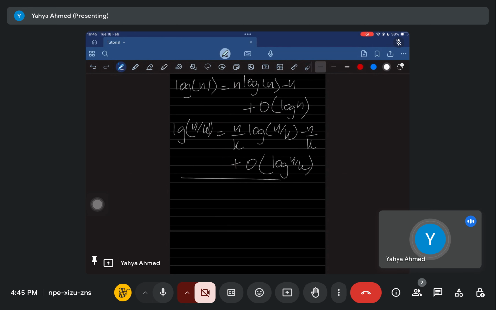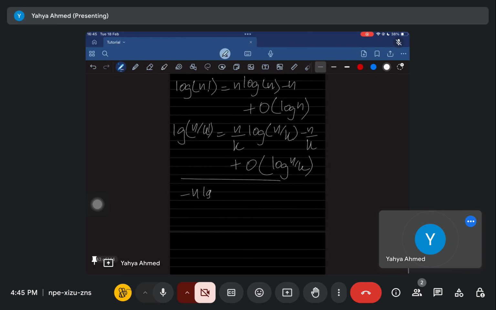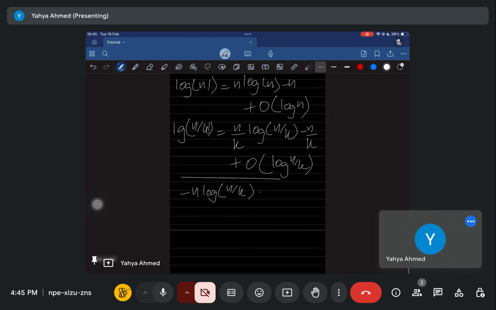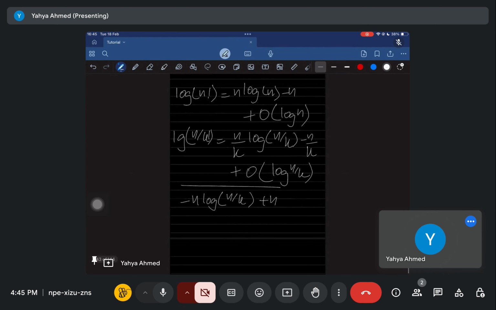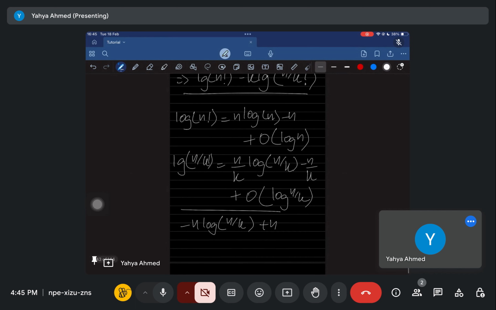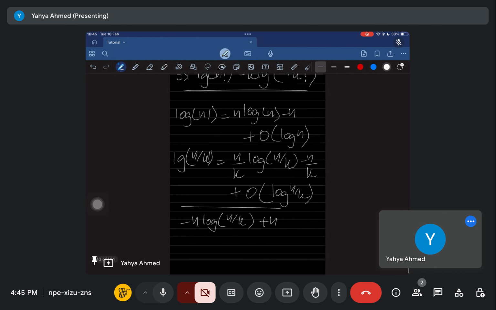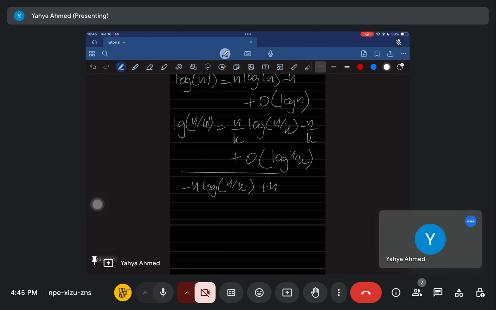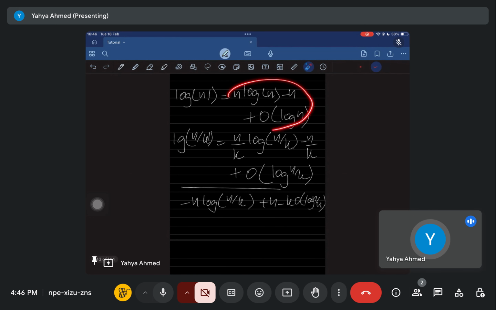So this leaves us with minus n log of n upon k plus n minus k times O of log n upon k. Okay? And this expression remains as it is.